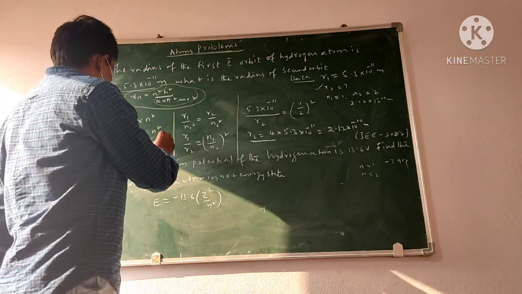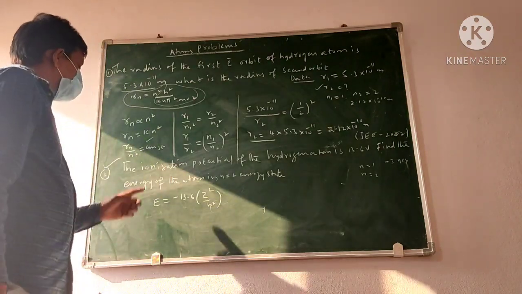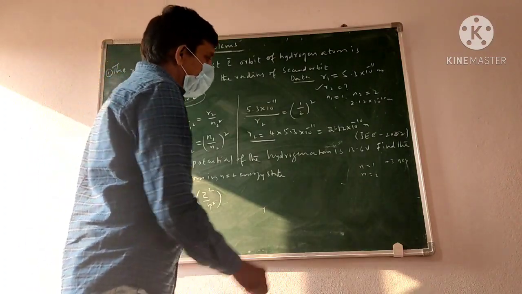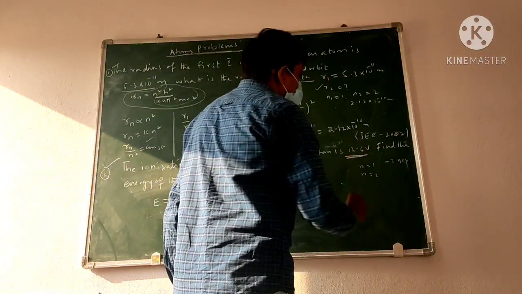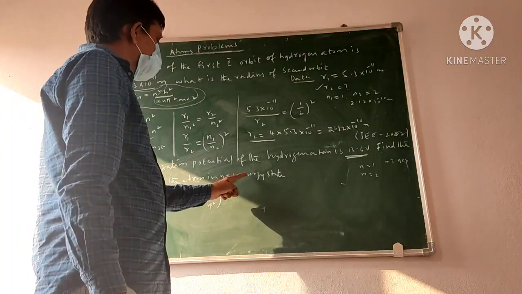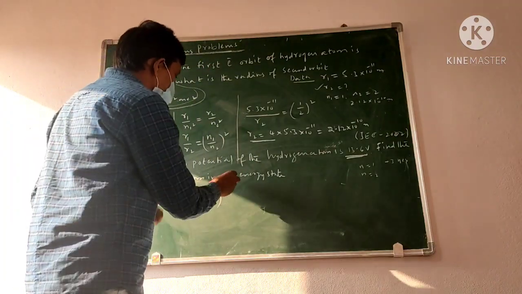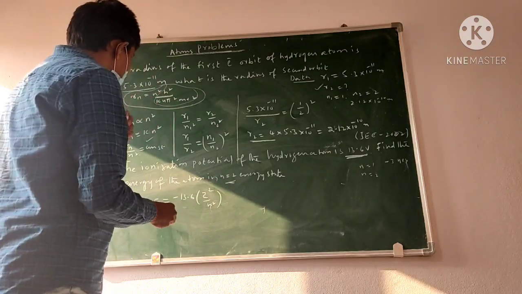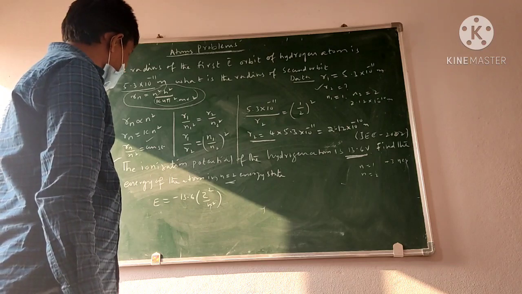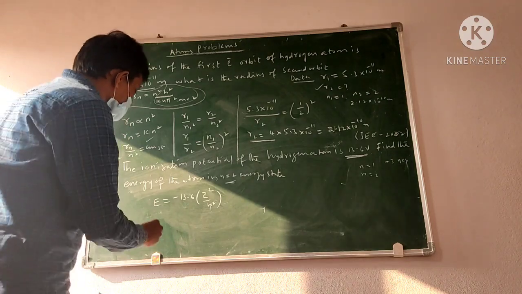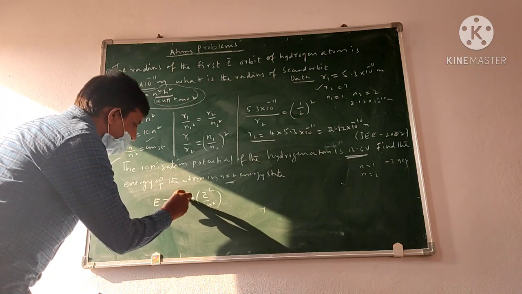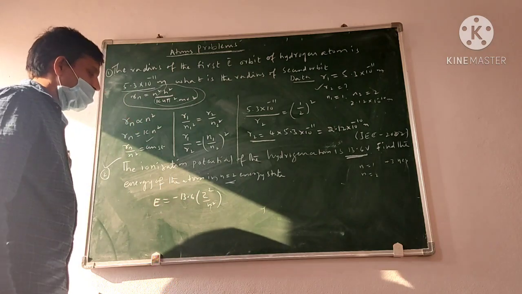Okay. So here, the second one. The ionization potential of the hydrogen atom is 13.6 volts. Find the energy of the atom in the n is equal to 1 energy state. Okay. So we know that the energy E is equal to minus 13.6 into Z² by n².